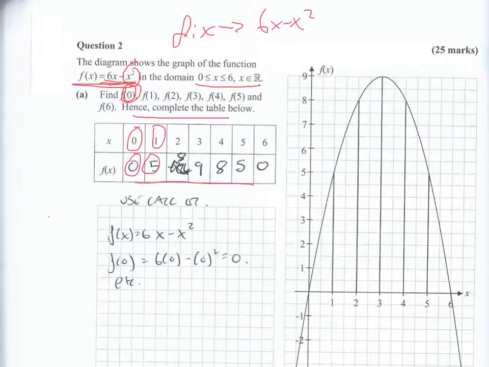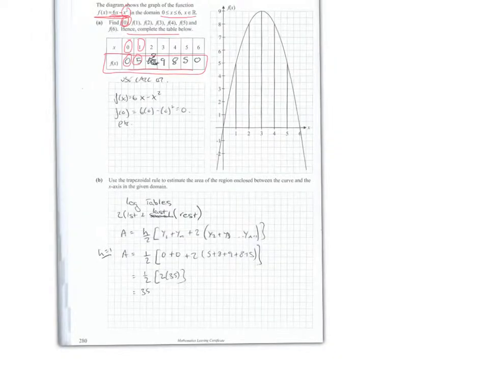Now remember, you can also use your calculator to find these values using the mode and table function, where you can input the function f of x equals 6x minus x squared. So that bit is straightforward enough, really.